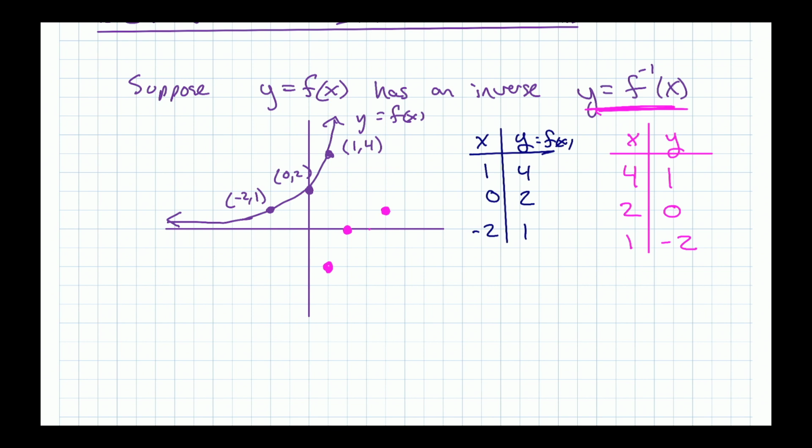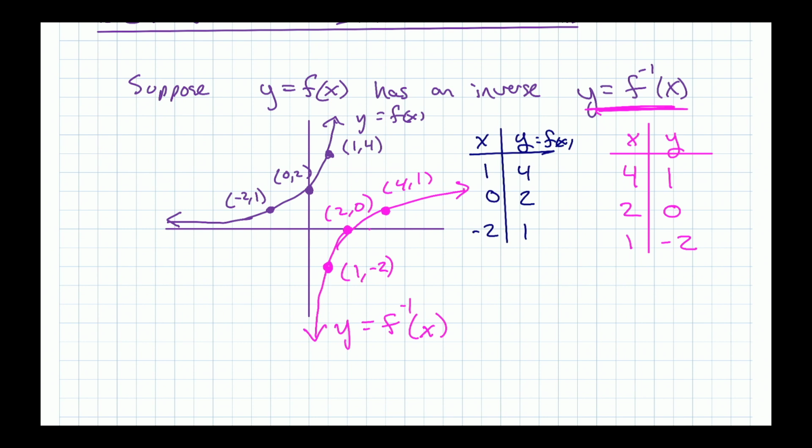That's only 3 points, but you could plot as many extra as you wanted, and if you did, you would see that the graph looks like this. That's y equals f inverse of x.